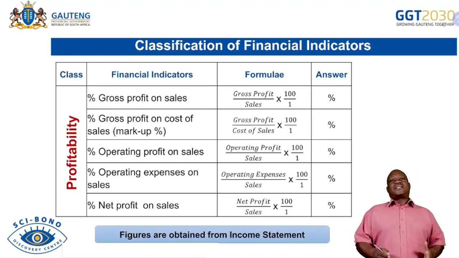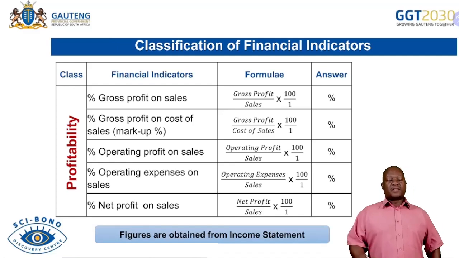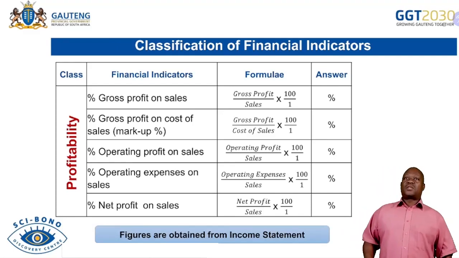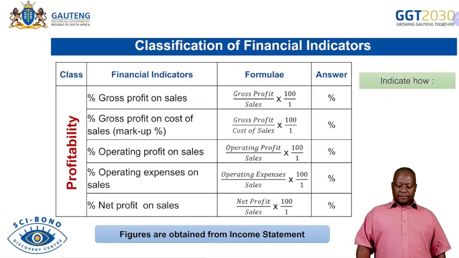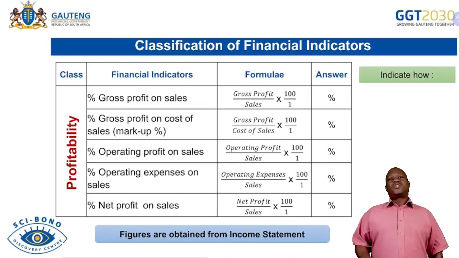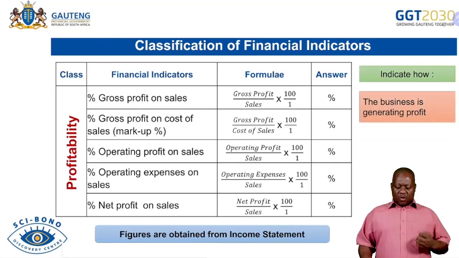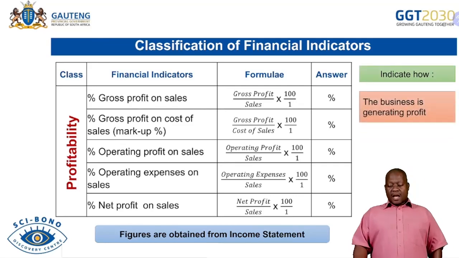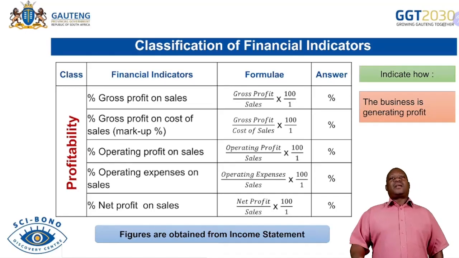Now, the figures that we are going to use in order to calculate these profitability ratios, we are going to get them from our income statement. Now, what do they really indicate, these profitability ratios? They indicate if the business is in a position to generate profits. So we are generating gross profit and then ultimately net profit.